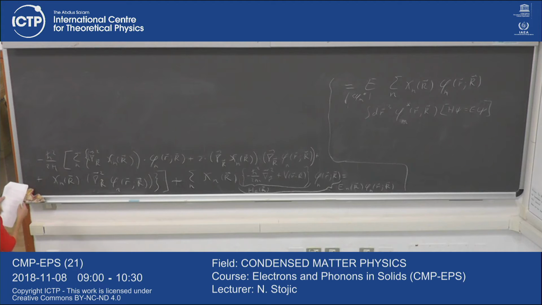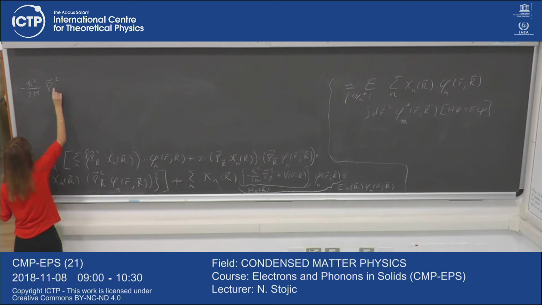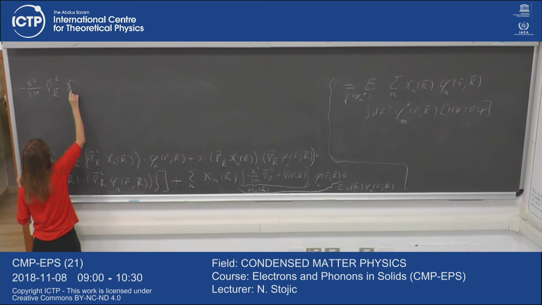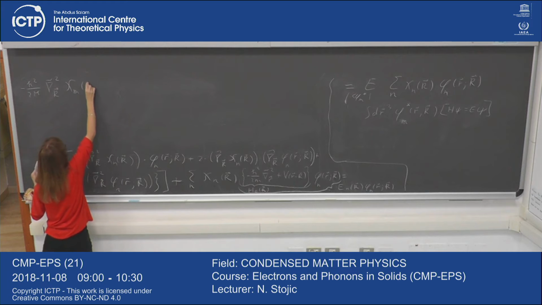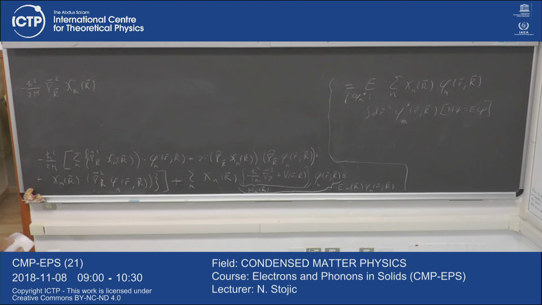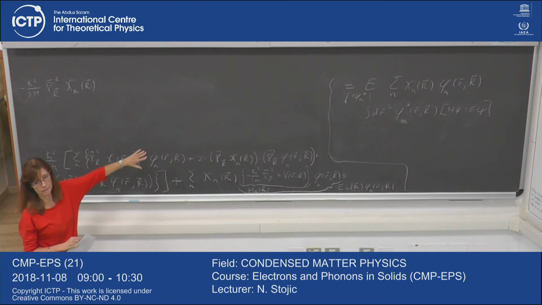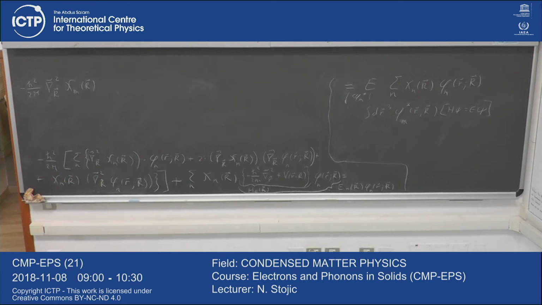So, what I will obtain doing that is here I'm going to get minus h bar square over 2 capital M, the gradient square with respect to the nucleus position, Cm of R. Because if I'm multiplying by the complex conjugate here and I integrate, I will obtain something non-zero only when n is equal to m because of the orthogonality condition.